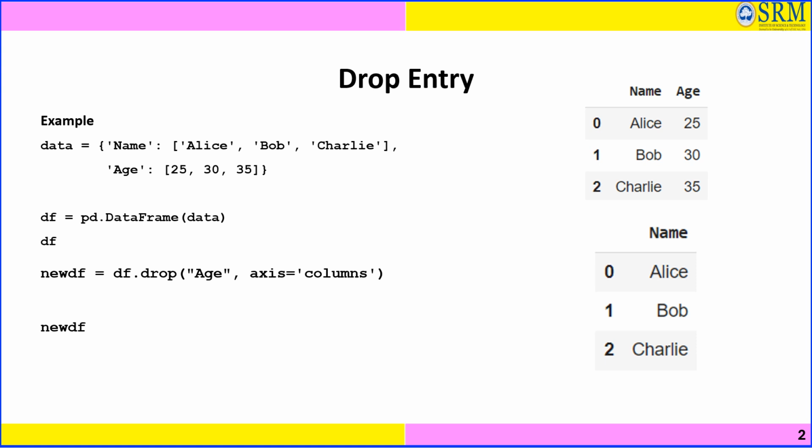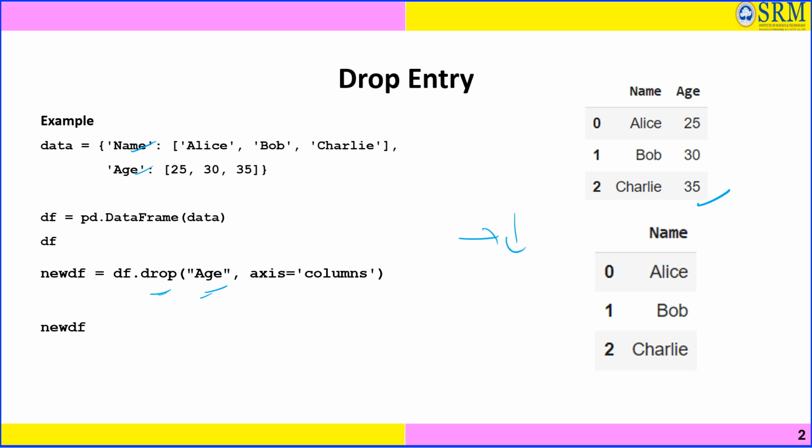So we'll see one example for drop entry. Here, this is the data frame. The columns are name and age, and the data is filled. In this df.drop, I have to drop age, which can be accessed this way or this way.